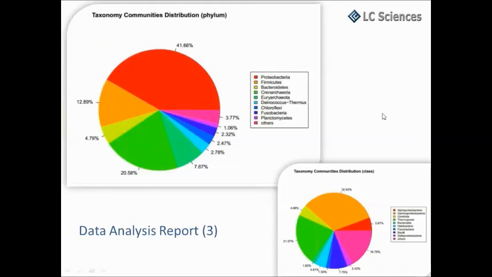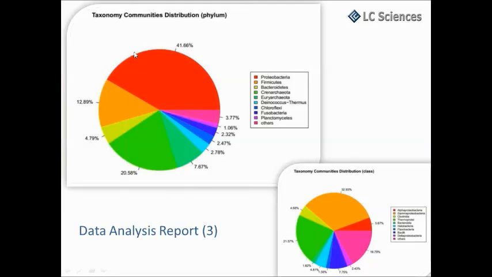And the taxonomy community distribution is the most important part. We want to see what the taxonomy is from our sample. The pie chart shown here is for the final sample.